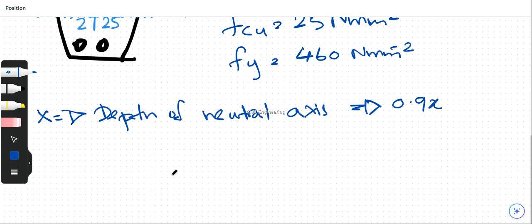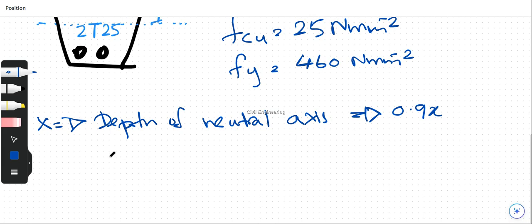Okay, let's find what the maximum tensile force is. The maximum tensile force that can be withstood by this provided reinforcement steel. Okay, how can we find it?